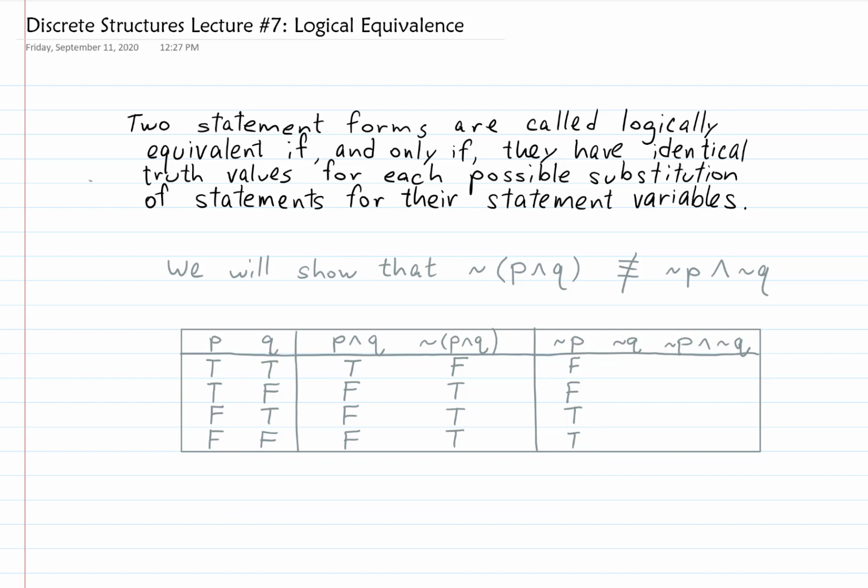All right, now to fill in this column for the negation of Q, I need to look at the column for Q and do the negation. When Q is true, its negation is false, and when Q is false, the negation is true. Okay?